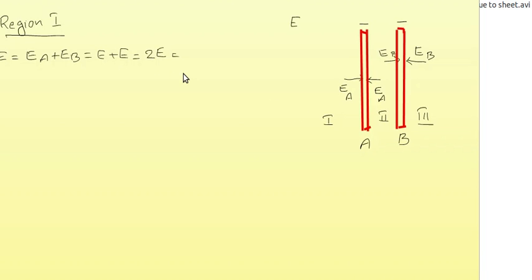And again what is E? E is equal to sigma by 2 epsilon 0. Therefore this is equal to 2 into sigma by 2 epsilon 0, which will be sigma by epsilon 0 as shown here. That means in the region 1 the strength of the field is sigma by epsilon 0.